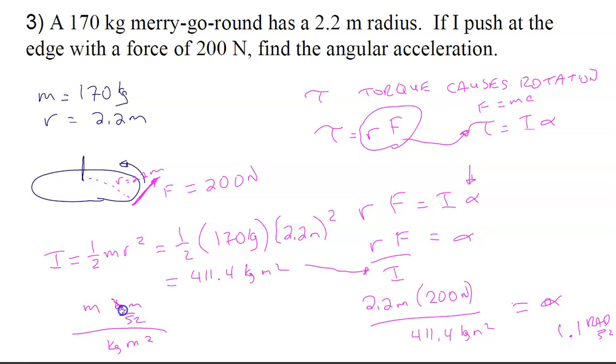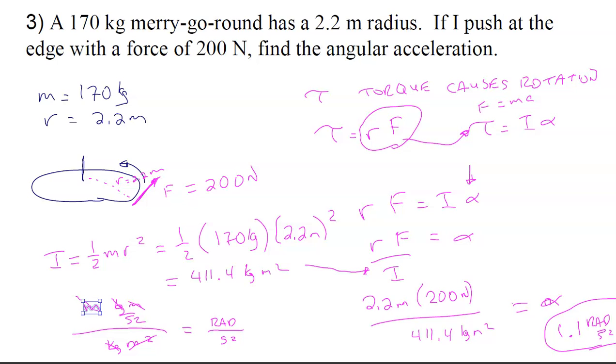So this kilogram cancels that kilogram. This meter times this meter is a meter squared, and that's going to cancel this meter squared. So the only thing I'm left with is nothing over second squared, except it's not really nothing. That's where that radian jumps back in right there. So 1.1 radian per second squared would be my units on that.